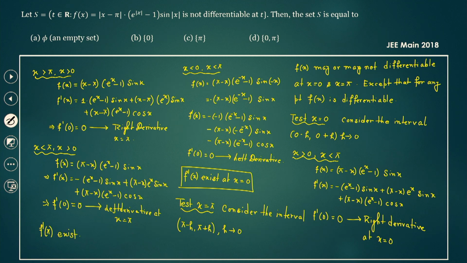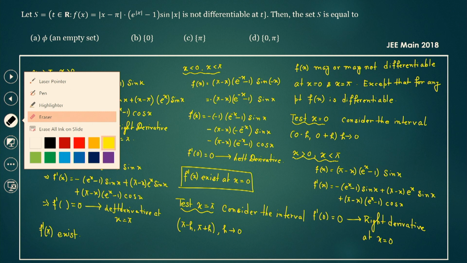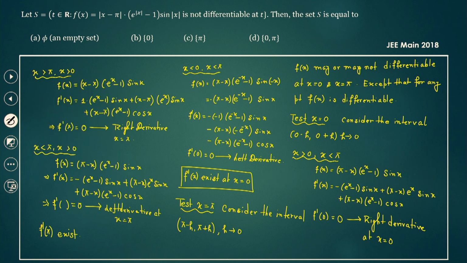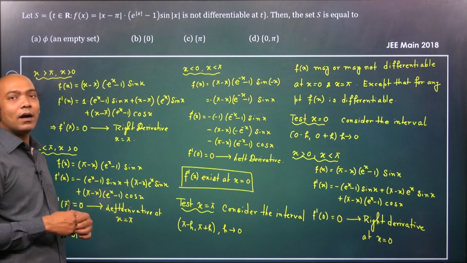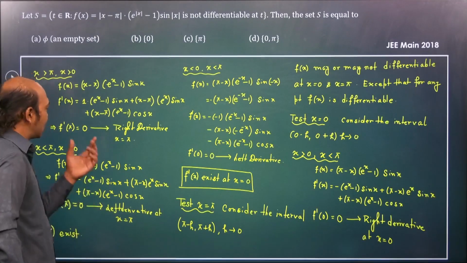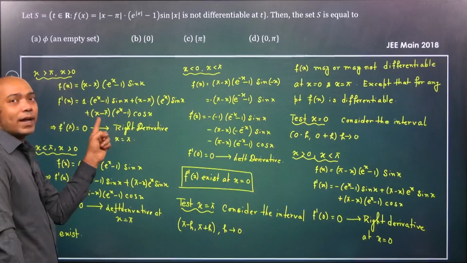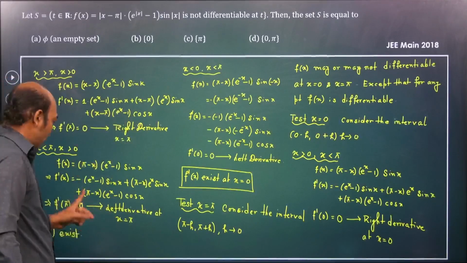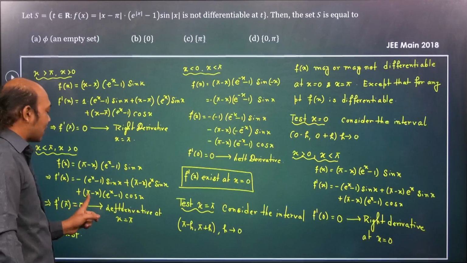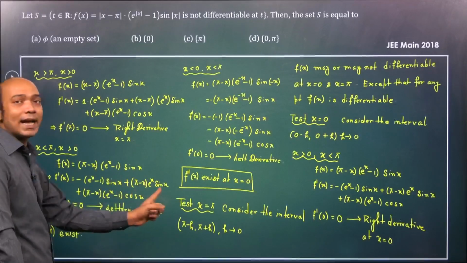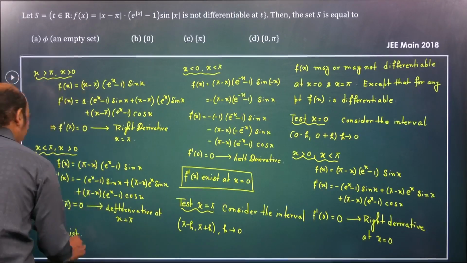Here I wrote 0 by mistake, it should be pi because we are testing at pi. If I substitute pi, sine pi is 0 and x minus pi is 0, so there is no issue. In the last term, pi minus x is 0, and the other two have sine, which is 0. So therefore f dash pi exists.